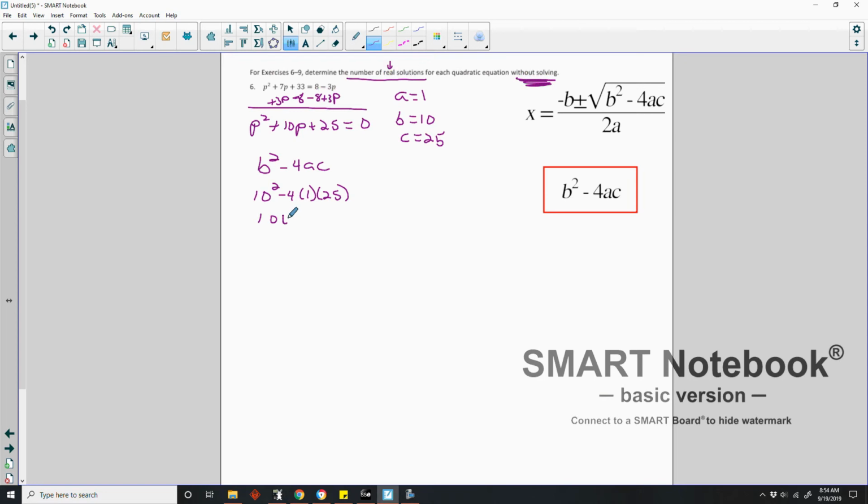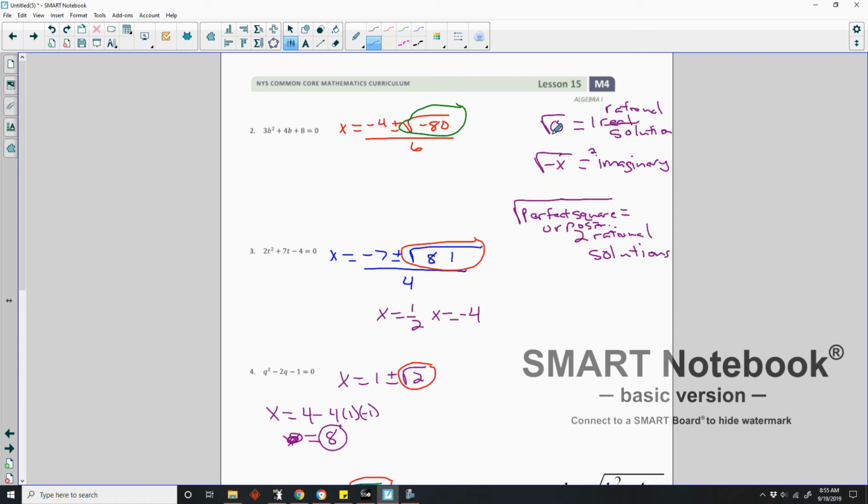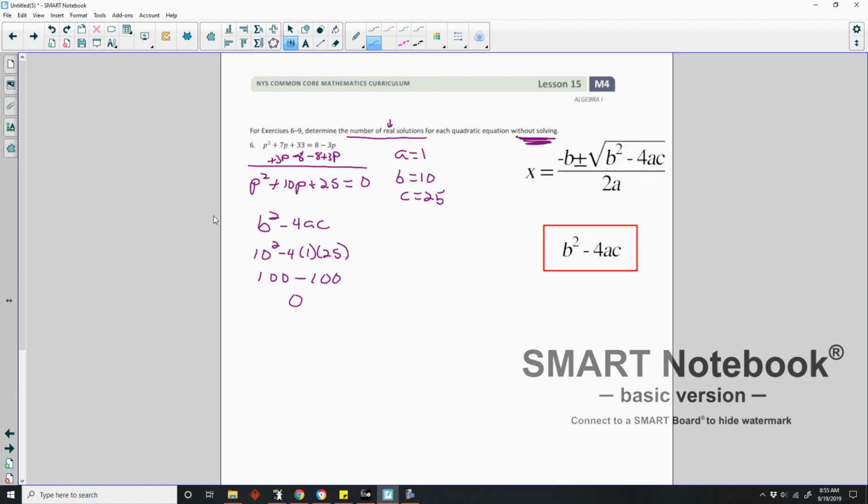So it's 100 minus 4 times 1 times 25 is 100, and that gives me an answer of 0. So remember, if I go back to the last page, if I have 0 as my discriminant, it is one real or rational solution. So it says determine the number of real solutions. One real solution. That is the answer to number 6. That's all they're asking. How many real solutions? Okay?